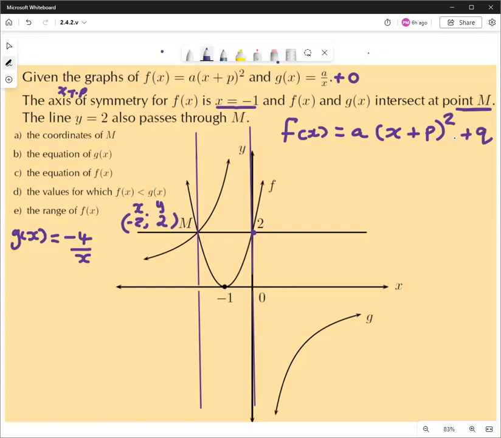This is the normal turning point form, right? Perfect. Now I'm going to substitute the turning point. This is the x value on the turning point. That is the y value on the turning point. Okay, perfect. And then I see that the turning point is basically -1, which is my x because it lies on the x-axis, and then 0, which is my y because it's on the x-intercept. Remember, for x-intercept, you make y 0.